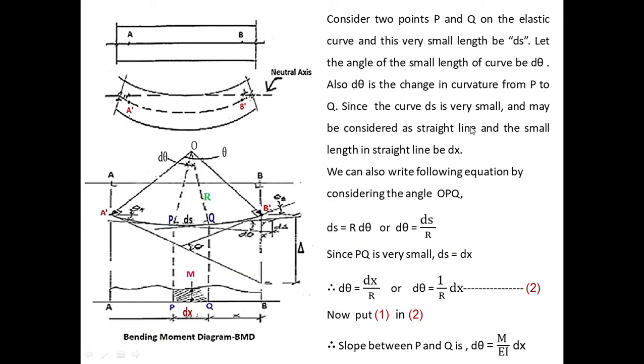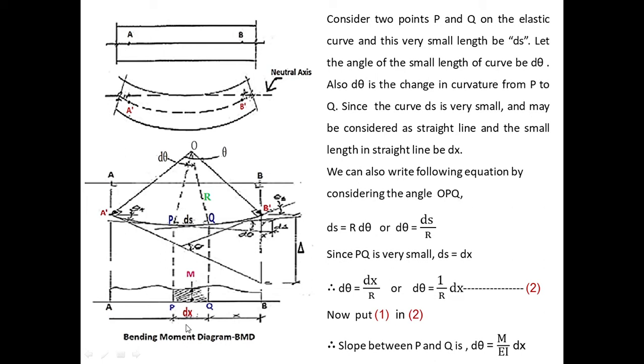Let the angle be d theta. Since the curve length ds is very small, immeasurable, it can be considered as a straight line, that is dx. The straight line is dx. The curved length is ds. As the length of the curve is very small, we consider it a straight line dx.